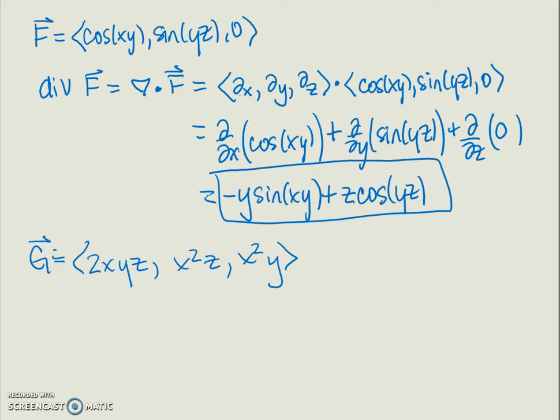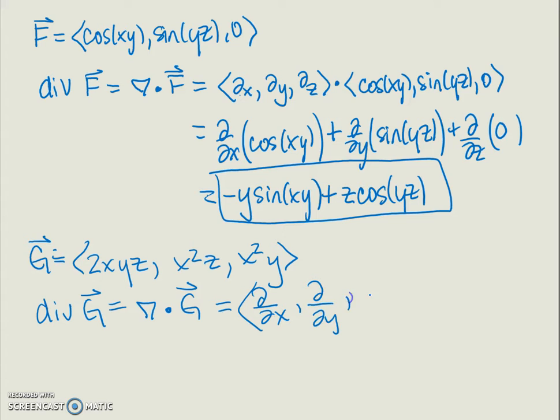And then if I had a specific point x, y, z, I could evaluate the divergence at that point. So we were also asked to find the divergence of G, so let's go ahead and do that. So divergence of vector field G is gradient dot product with G. So I'm going to have the partial with respect to x, partial with respect to y, partial with respect to z, dot product with 2xyz, x squared z, and x squared y.